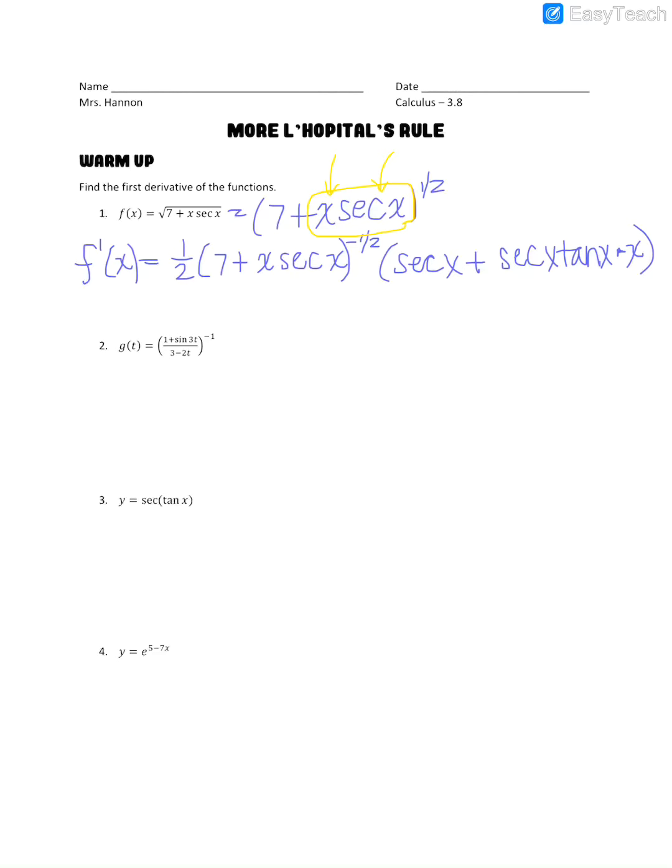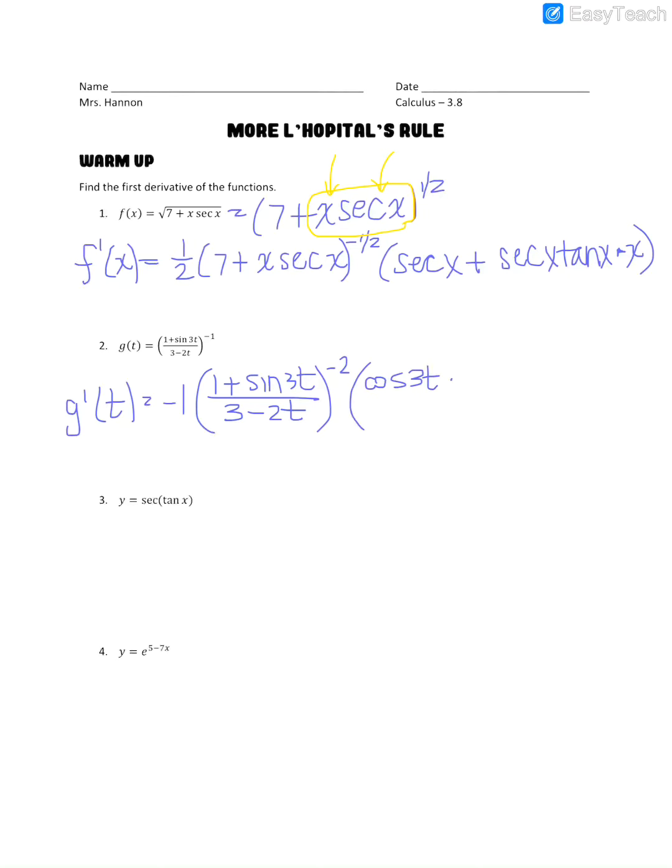This one is also chain rule. So we're going to bring the negative 1 down in front. We're going to keep the inside the same. Take the negative 1 down to a negative 2. Now we have to do the derivative of the inside, which is quotient rule. So we have derivative of the top, so it's going to be cosine of 3t times 3.